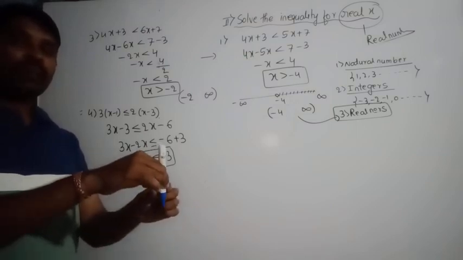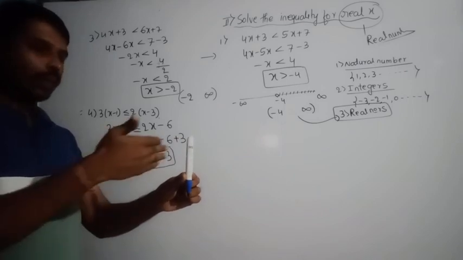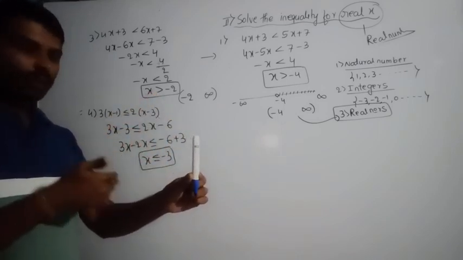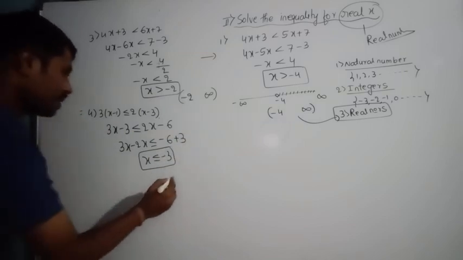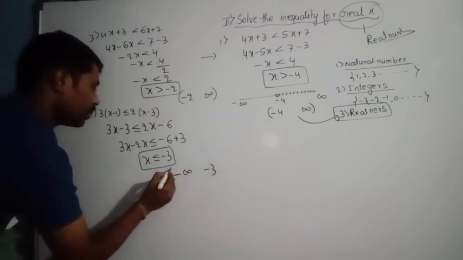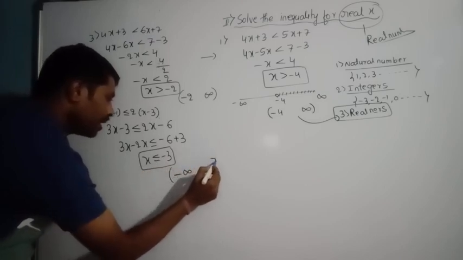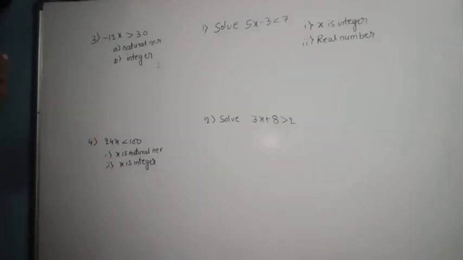Suppose it is minus 3, this side bigger, this side smaller. Less means from minus 3 to minus infinity, but always we write the left number first, then right. So the answer is minus infinity to minus 3. Infinity is always open. See, minus 3 is included, so close the bracket. Game over. Simple or not? Now I am going to solve another kind of question.